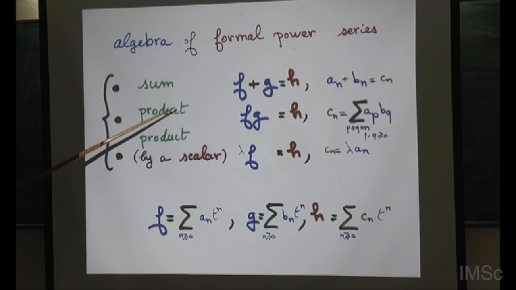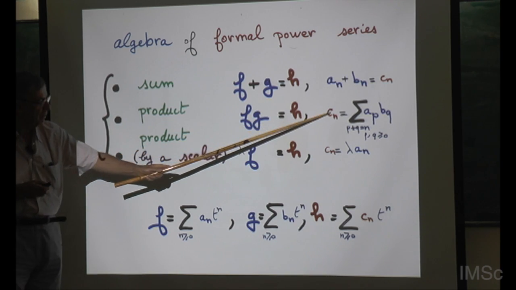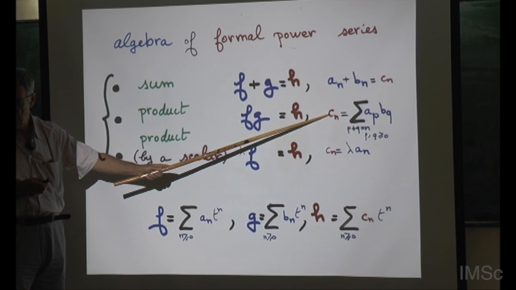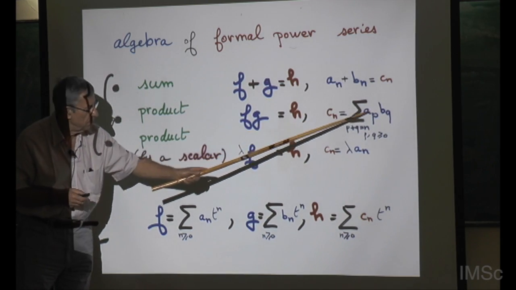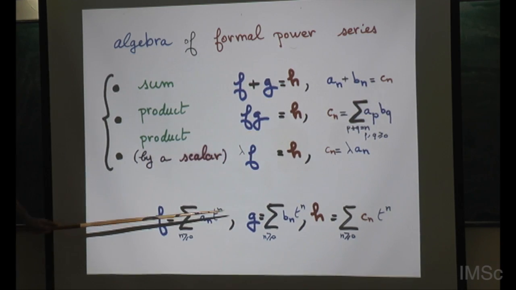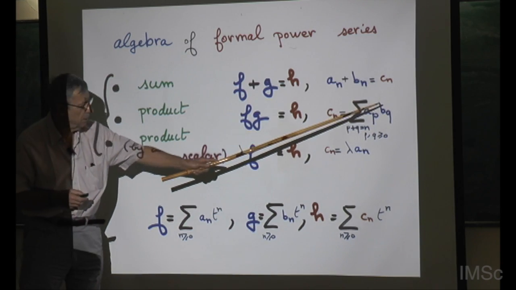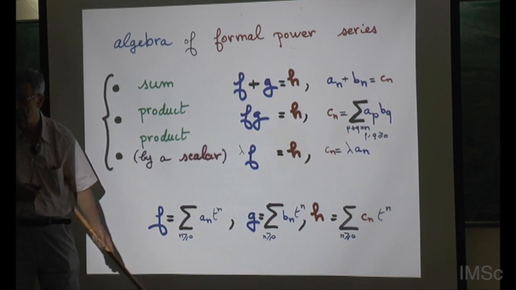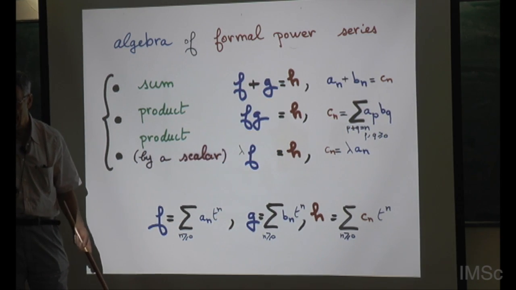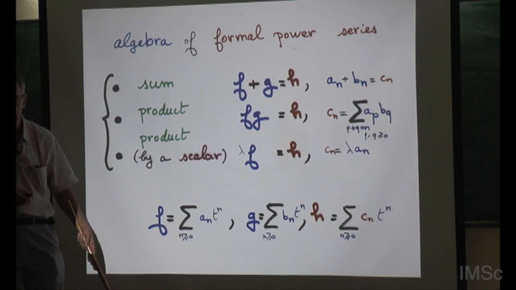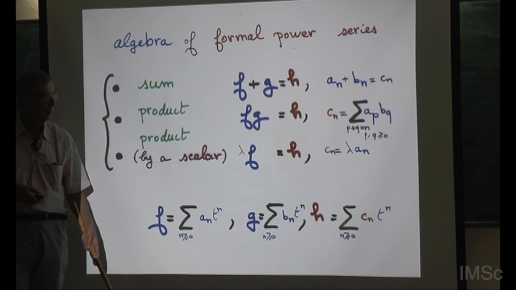Very easy and natural. Now the product of two formal power series is just an extension of the product of polynomials. So the coefficient cn of the product will be the sum of the products ap bq, ap and bq for F and G, for all p and q such that p plus q equals n. It's well defined, and it's just an extension of the product of polynomials.